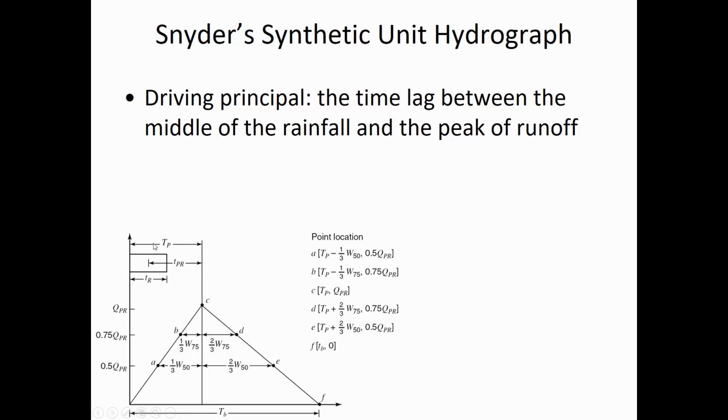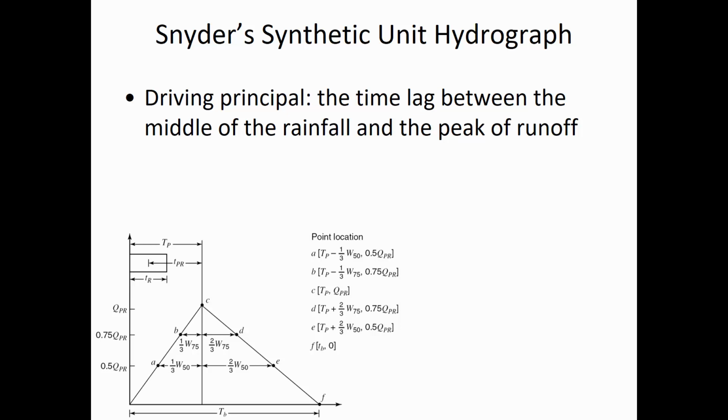So the T sub P will be the T sub PR minus half of the storm duration. So you can see from the dimensions on this sketch that we already knew that the T sub capital R is 1 hour. And the T sub PR was 3.928.